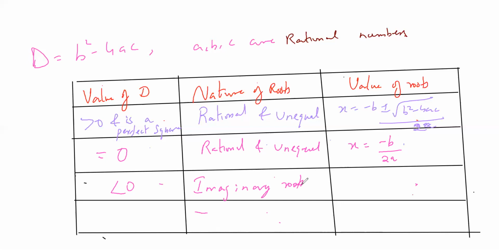And one more special condition is there. That will write it last. This one. If it is greater than 0 and not a perfect square. Okay, so irrational and unequal.